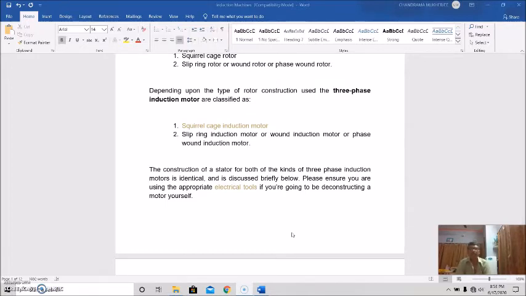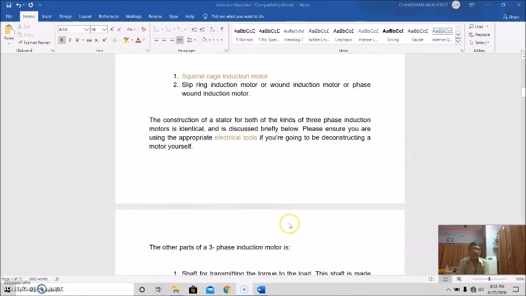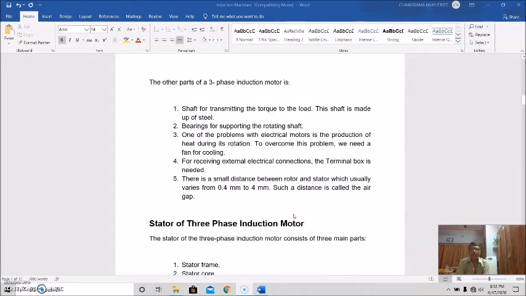the construction of the stator for both kinds of three-phase induction motor, whether it is squirrel cage or wound rotor. Besides this, the other parts of the three-phase induction motor are: the shaft, which I told you transmits the torque to the load and is made of steel; bearings for supporting the rotating shaft.